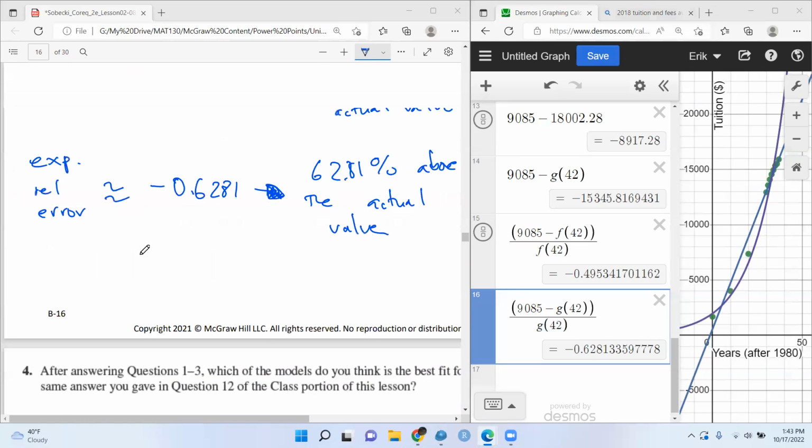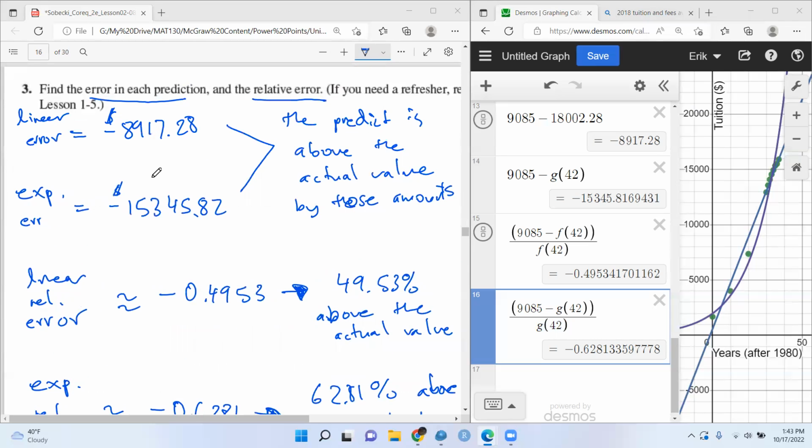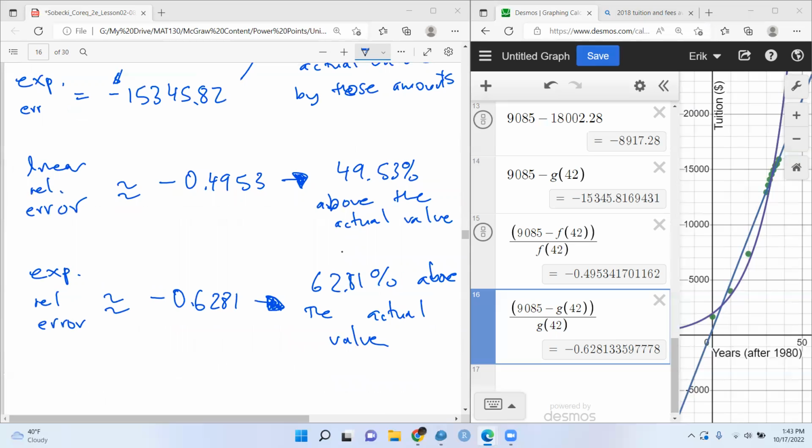Yeah, it's strange. It's the direction we did the subtraction. How we subtracted these numbers is we did estimate minus actual. Because the estimate is a larger value, when we subtract the actual value from it, we get a negative number.